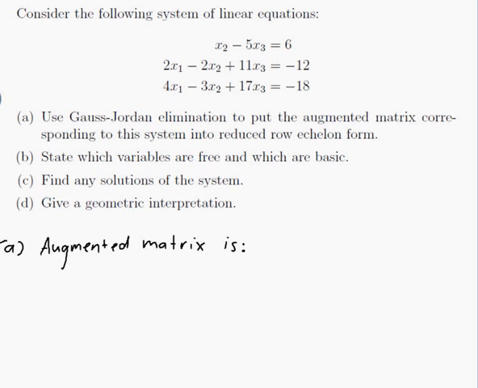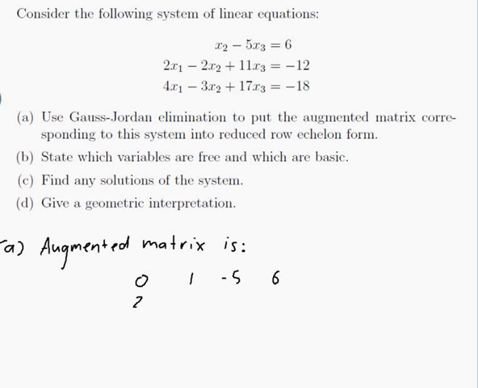So, my first column will be for x1, and then I can write the whole first equation in the first row. So, I start with no x1s, and 1x2, and minus 5x3s is equal to 6.